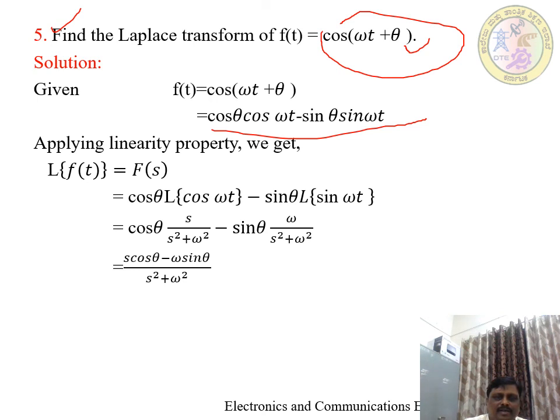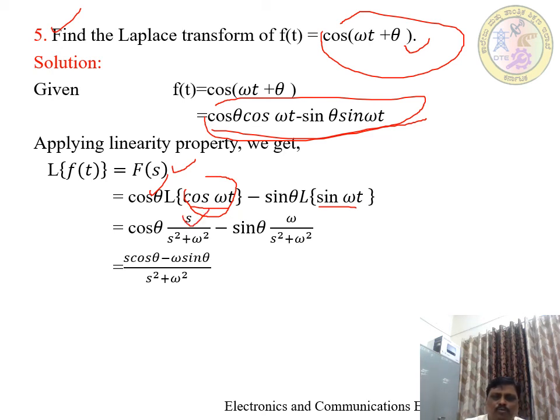That is, LT of f of t is equal to f of s. What is f of t here? This is the complete function. Therefore, cos of theta is taken outside with LT of cos of omega t, and sine of theta is taken out with LT of sine of omega t. We have already discussed these LTs, so substitute them directly.